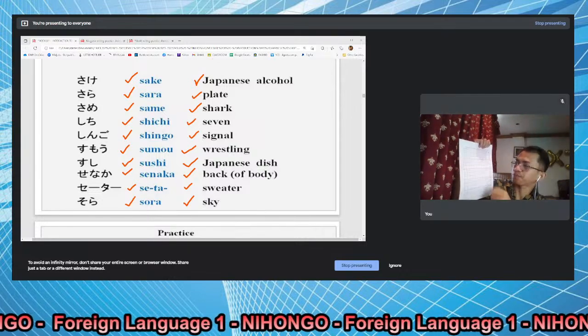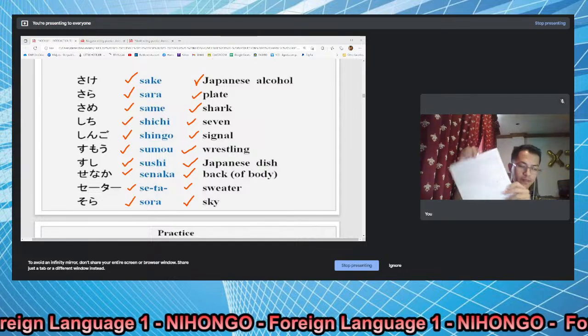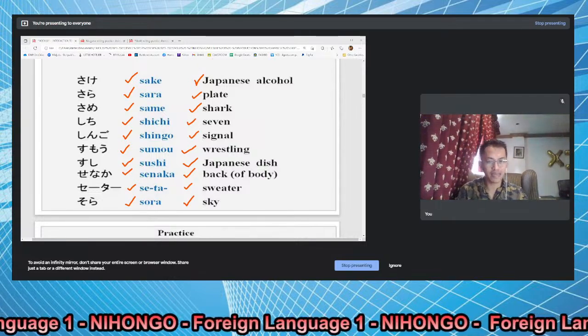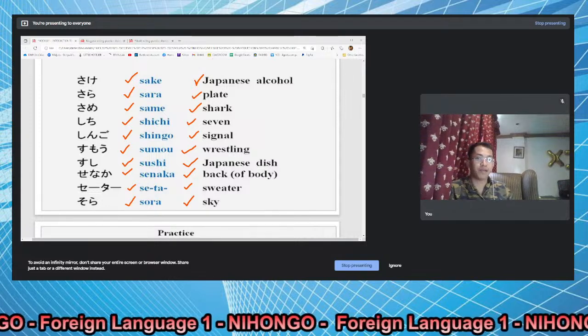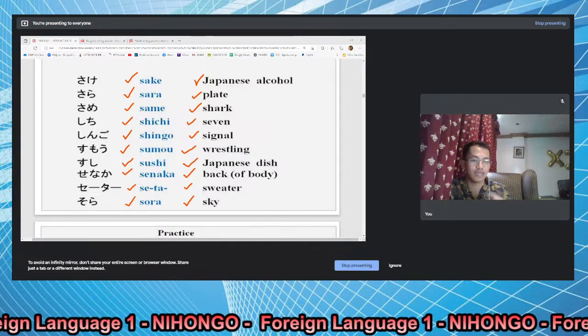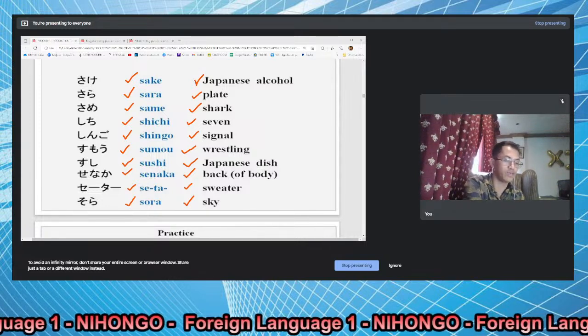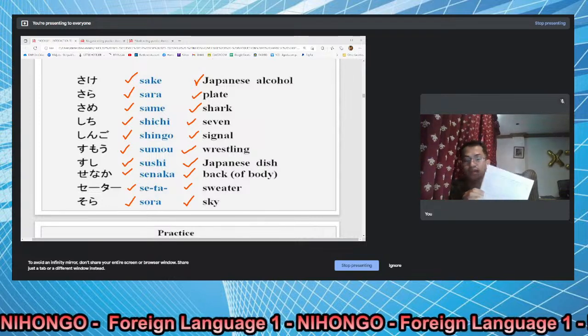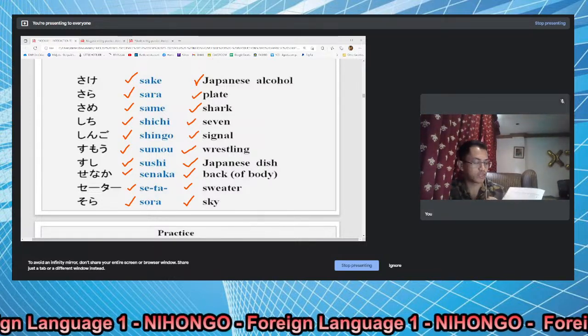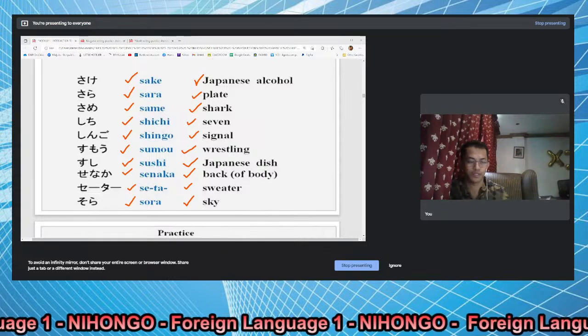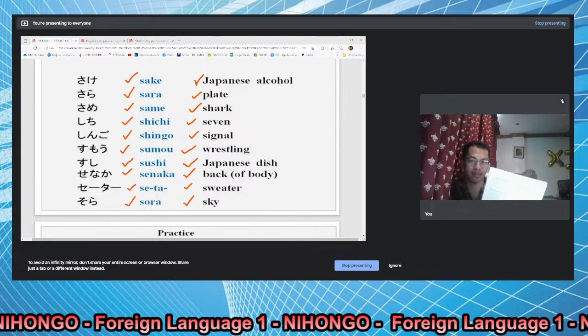And yung blank writing practice sheet na sinend ko sa inyo, magpiprint pa kayo niyan ng 3 pa for this column or group. So, magiging 4.